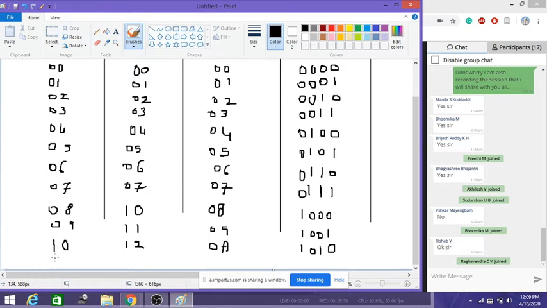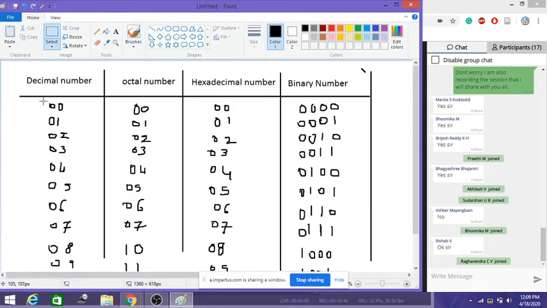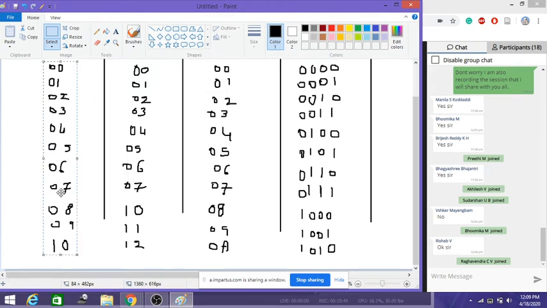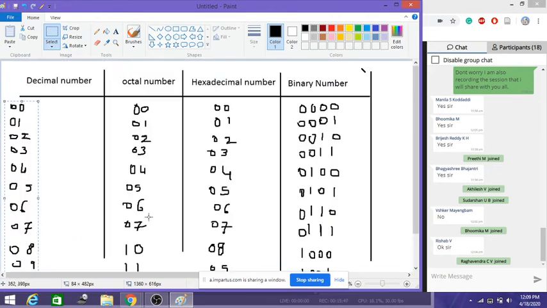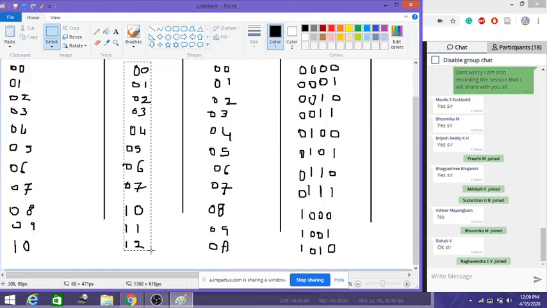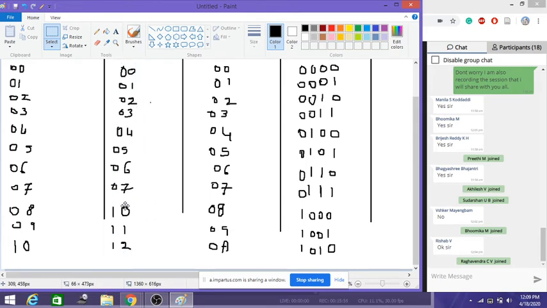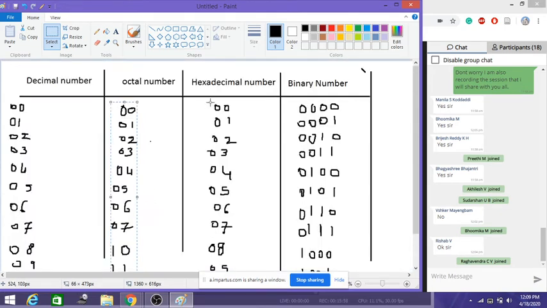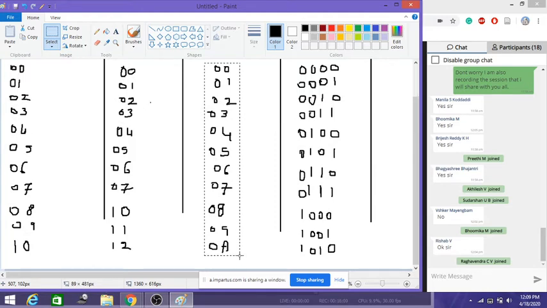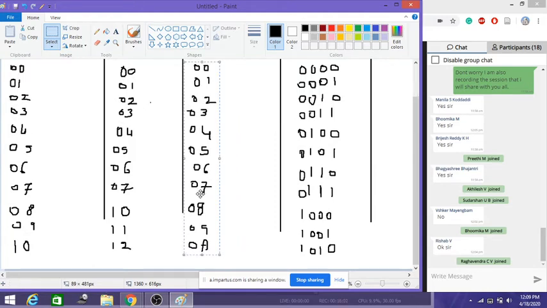So likewise, I'll just move this data a little aside so that we can write our next digits here. I'll move this aside.